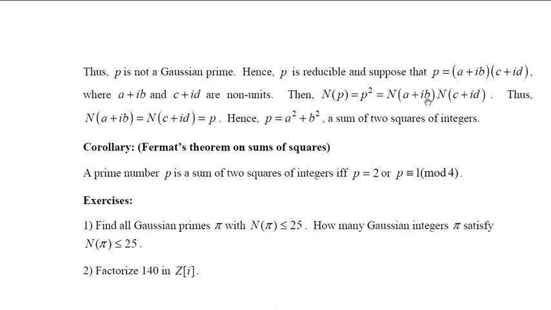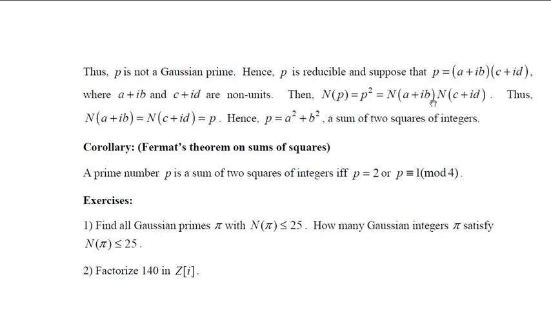And any of these cannot be equal to 1. Why? Suppose n of A plus iB equals 1, then A plus iB becomes a unit, which is not possible. If n of C plus iD equals 1, then C plus iD must be a unit, which is not possible. That's the reason these two cannot be equal to 1.